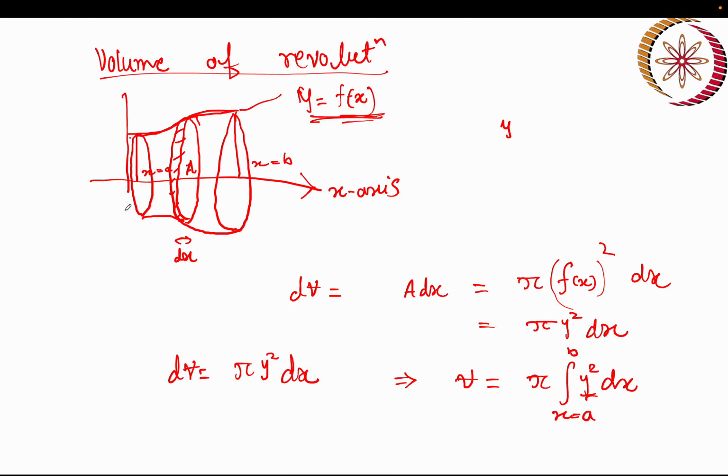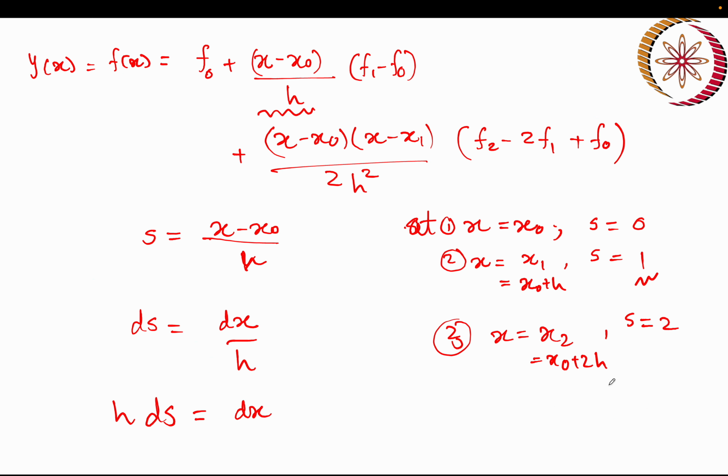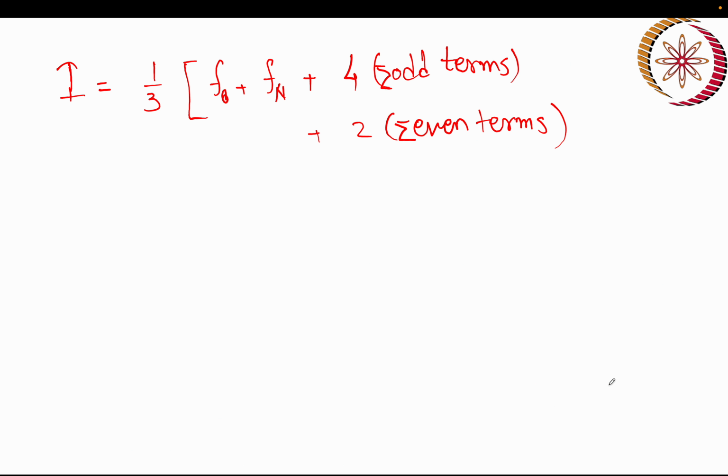So we saw that the volume of revolution is nothing but we have to integrate pi y square dx, and next we also found the Simpson's 1/3 rule, which we derived from approximating the function.